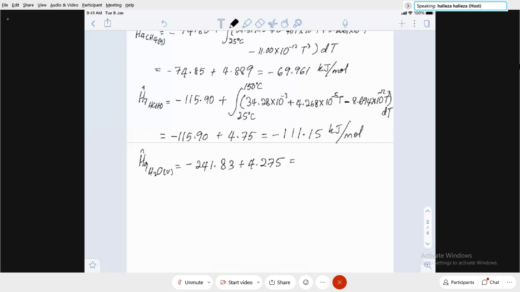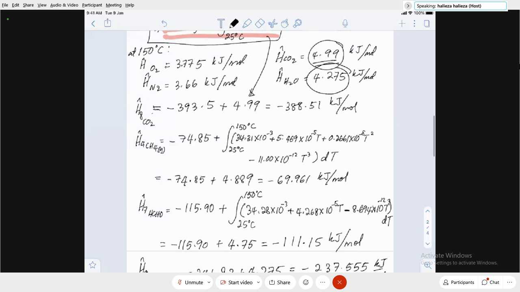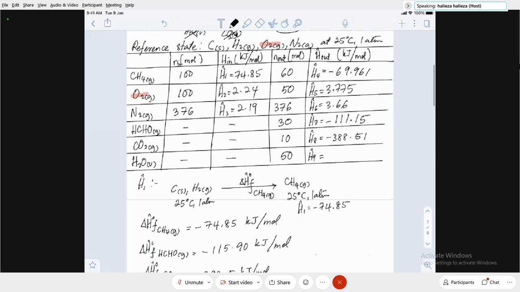When you sum it up, negative 241.83 plus 4.275, you will end up with negative 237.5 kilojoules per mole. Now putting that value here in our table, we have completed our table.